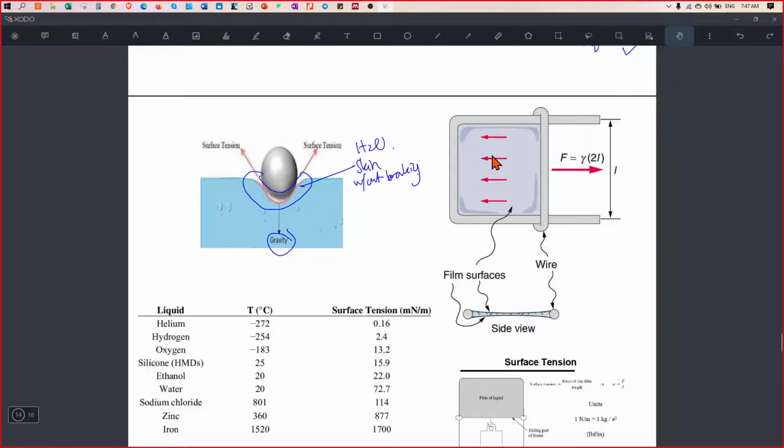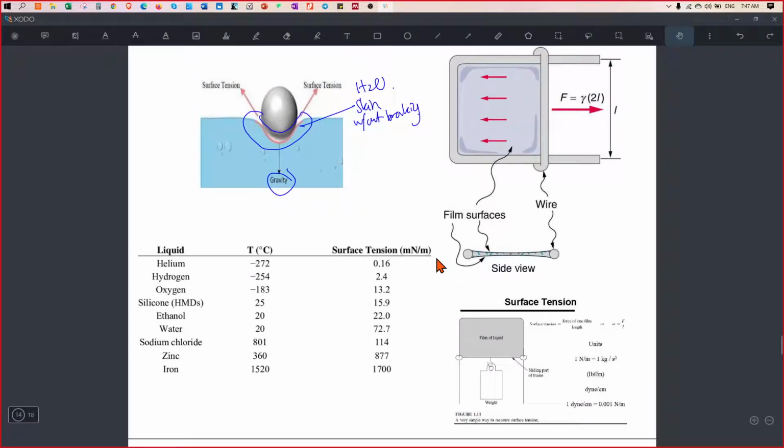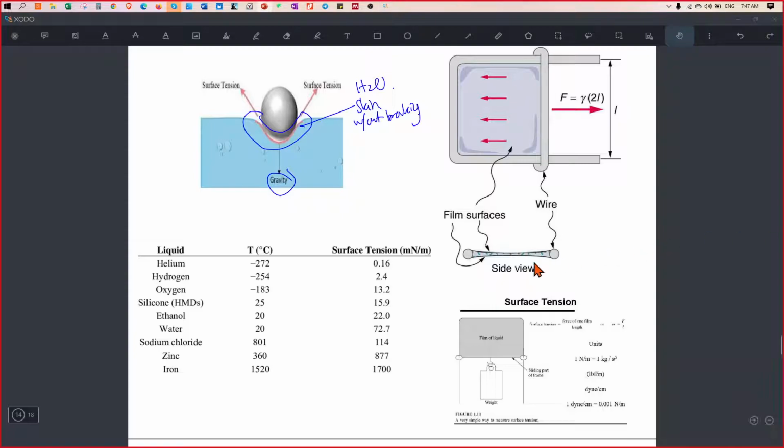So this is what we call surface tension. So how do people quantify surface tension? This is the unit of surface tension: millinewton per meter.